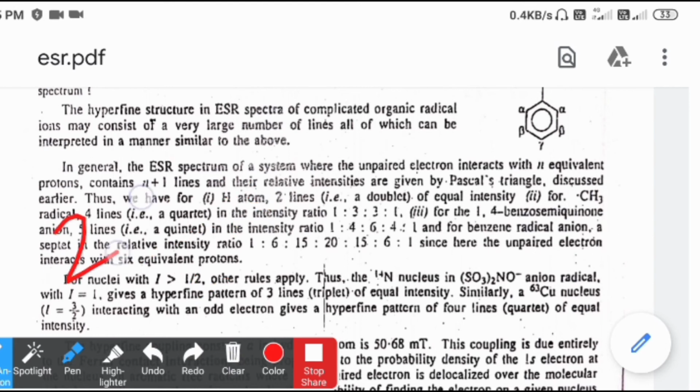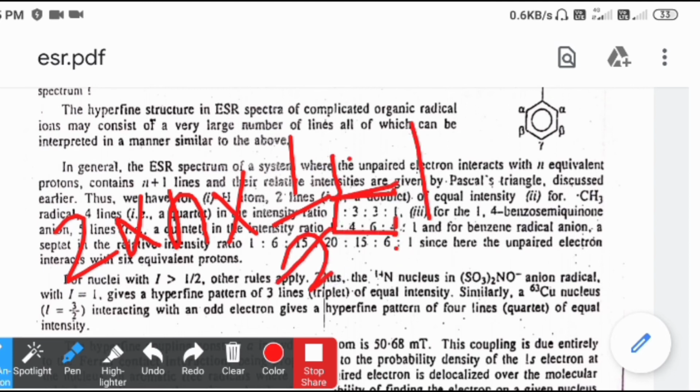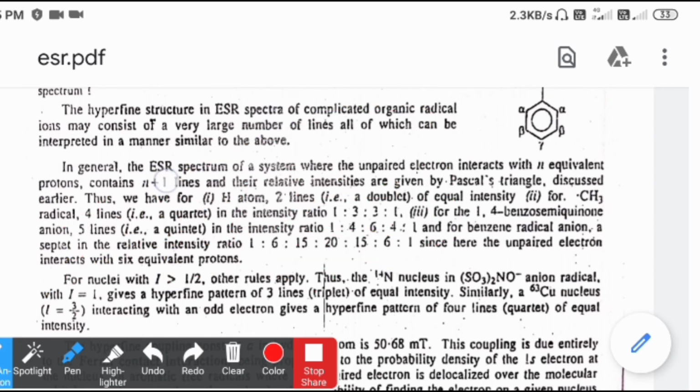So 2 into n into 1 by 2 for proton plus 1, these two get cancelled, so we can simply write for the proton n plus 1 peaks. So there we have used the direct n plus 1 rule.